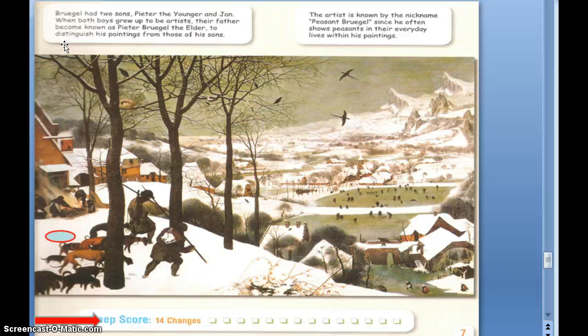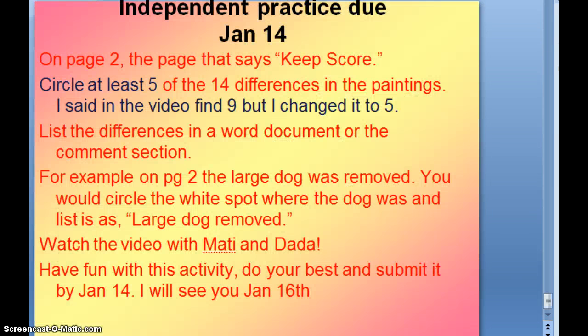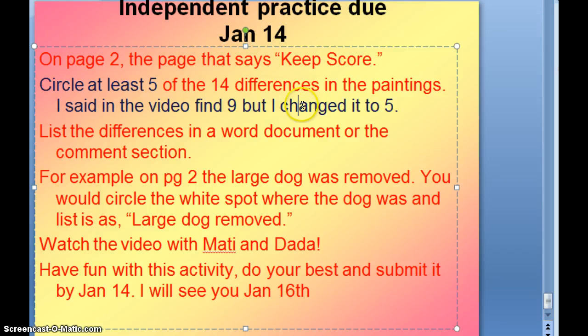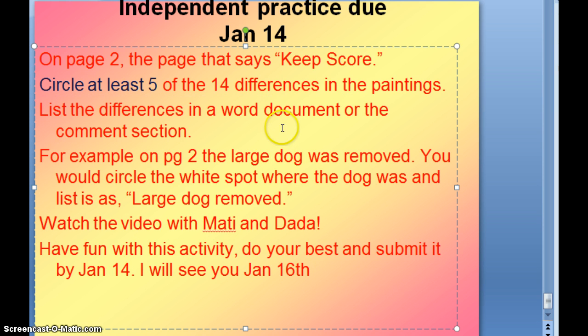Now you'll notice the red arrow at the bottom of the screen. It says keep score, 14 changes. You only need to find 5. So on the page that says keep score, circle at least 5 of the 14 changes in the paintings. List the differences in a Word document or the comments section.